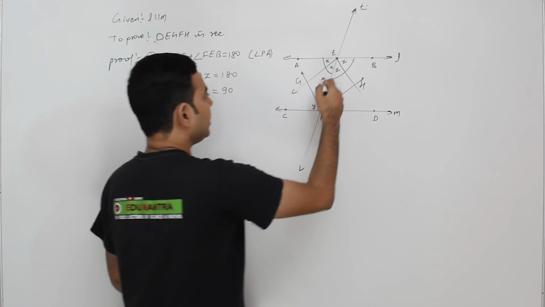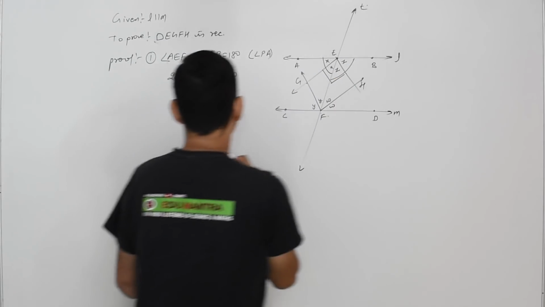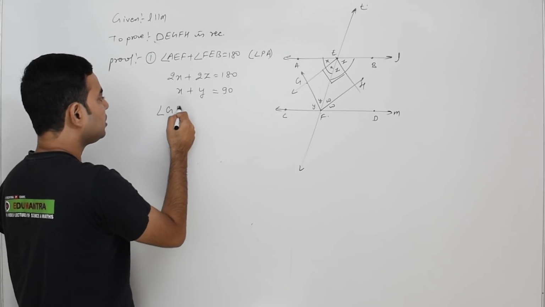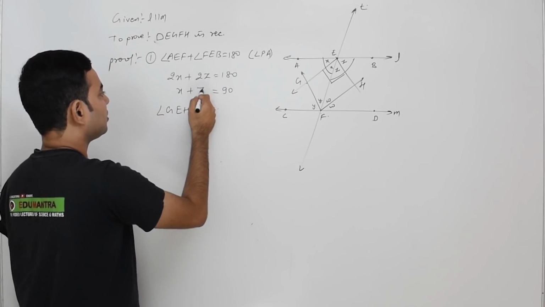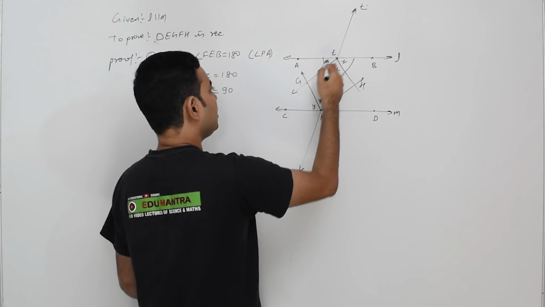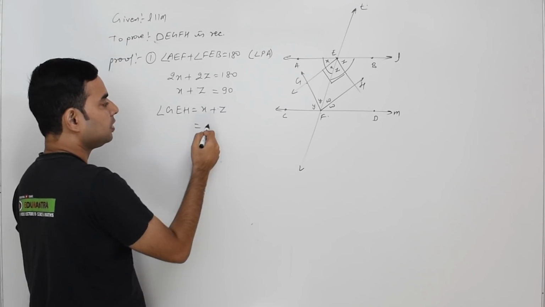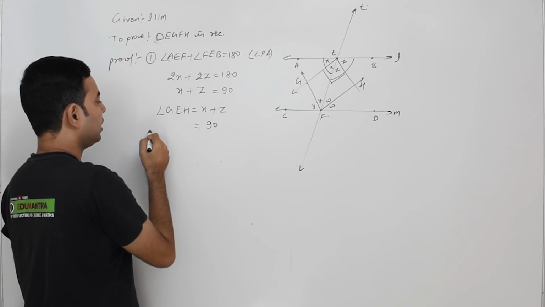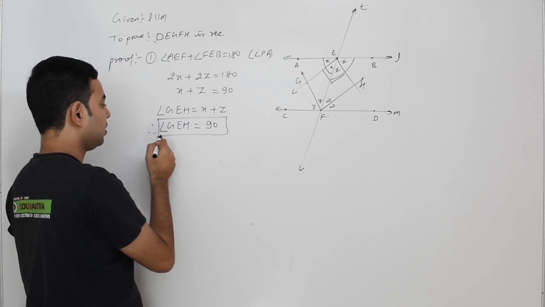As x plus z is 90, it means that angle GEH is nothing but x plus z. X plus z is equal to 90. Therefore, angle GEH is 90.